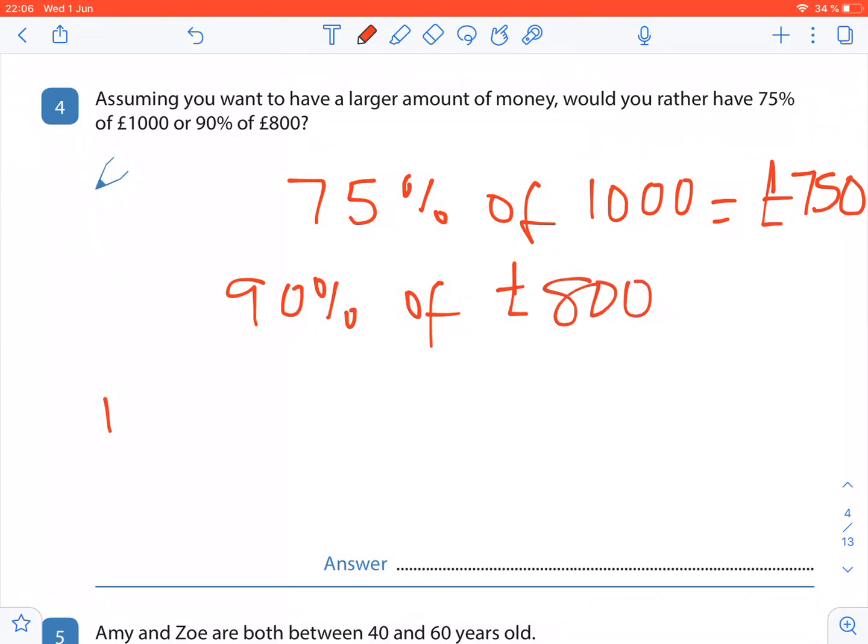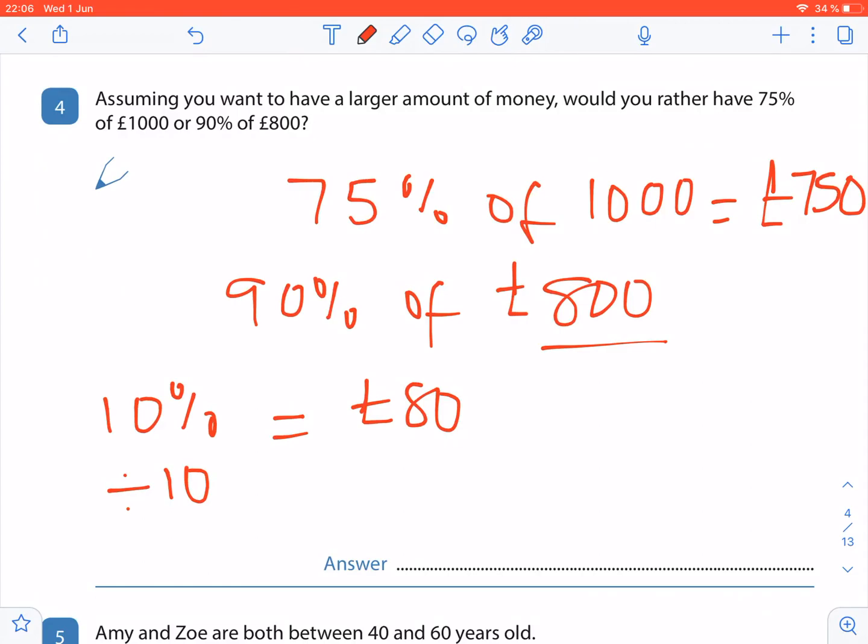Now you know that to find 10%, we divide by 10. So 800 divided by 10 gives us £80. Yeah, so we knock off a 0, it gives us £80.